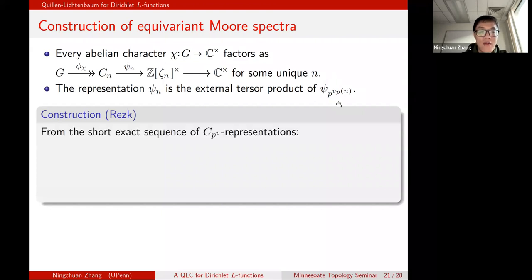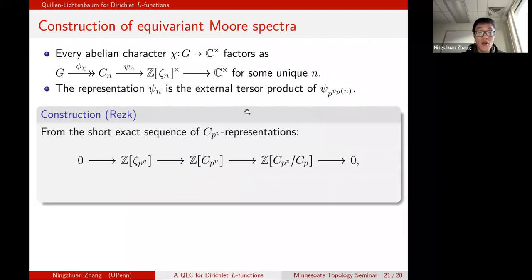This is from what Charles Rezk told me, which is very, very important in this whole story. Basically, you notice that there's a short exact sequence of C_{p^v} representations. Here we get this by saying this is Z[t] modulo the cyclotomic polynomial of degree p^v minus p^(v-1), and you notice that the cyclotomic polynomial is precisely what gives this short exact sequence.